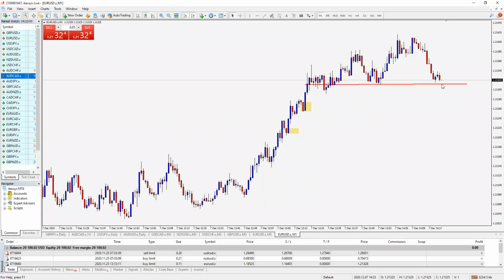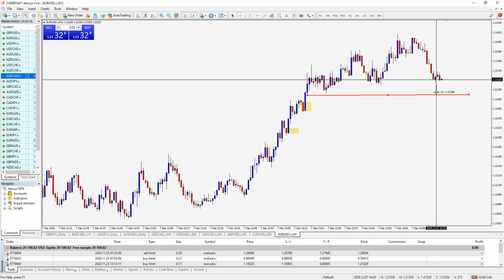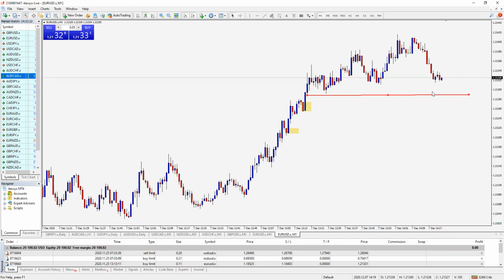If I think the support will hold, I can take a buy position with a really tight stop loss. My stop loss, I can place it maybe there. So I could have 3 pips of risk, which is not a lot, but this is a low probability trade. But we can try it out.